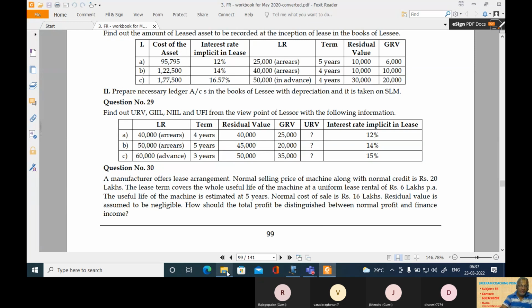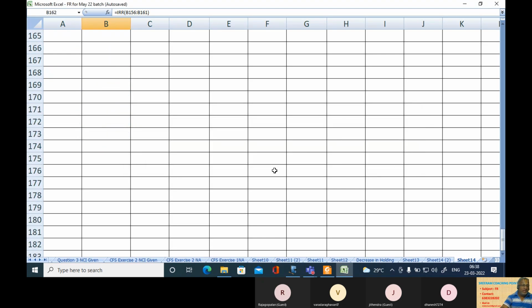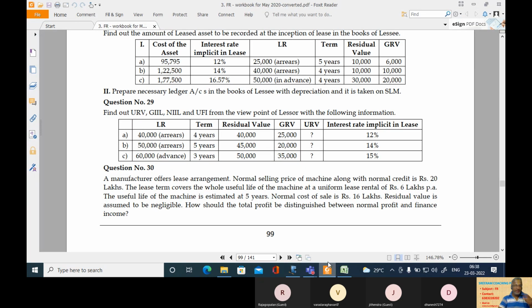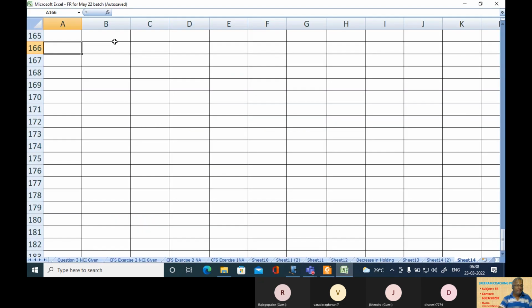So we have taken up a few problems for analysis and for our understanding. Now we would like to continue with that, and I just don't want to miss the time, and therefore I would like to use Excel now. From the viewpoint of the lessee, we have just done. So with one more example, I would like to take up for lessor. Example number 5. Lease term 4 years.